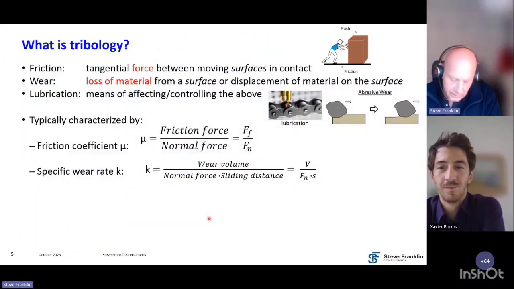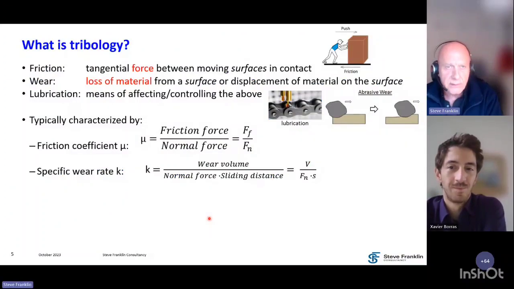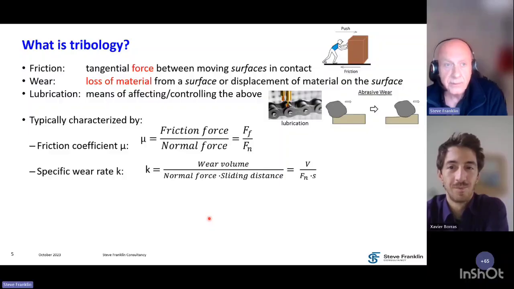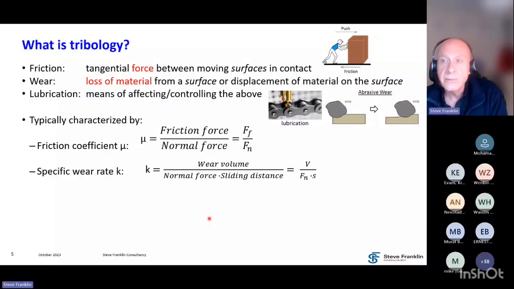What I'd like to start off with, in the main part of this lecture, is what is tribology. You may have heard of it, you may not have, but it's all about friction, wear, and lubrication, where friction is simply a tangential force between two surfaces that are moving and in contact.